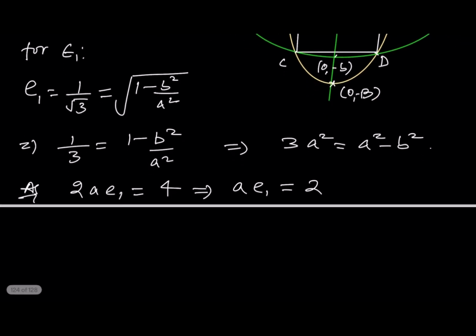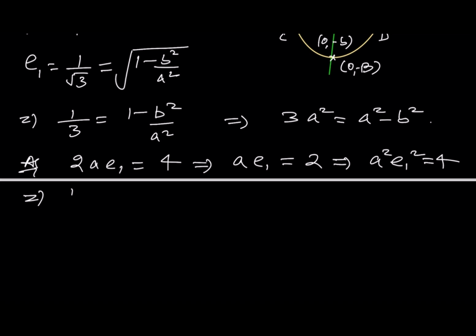So a square e1 square is equal to 4 and e1 square is 1 by 3. So a square by 3 is equal to 4, which implies a square is equal to 12, right? So if I use a square in this, then I can get b square.